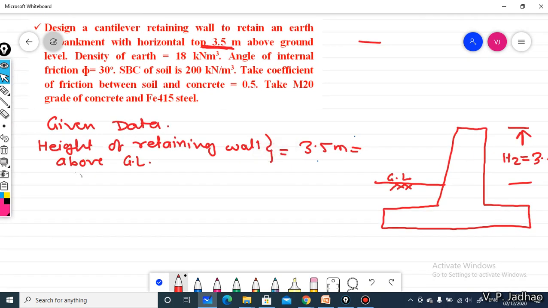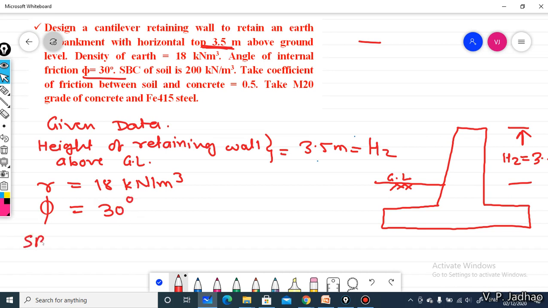Then we have been given the unit weight of your soil mass, 18 kilonewton per cubic meter. The angle of internal friction is given as 30 degree. And SBC, safe bearing capacity, we will indicate by Q0.